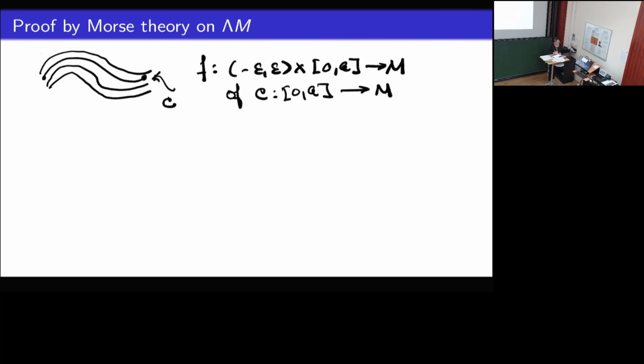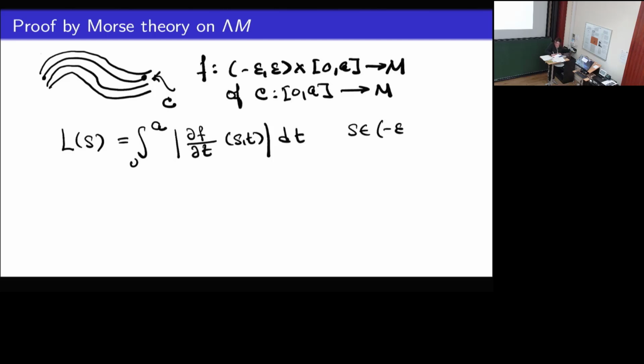And so we can define then the length functional, and energy.